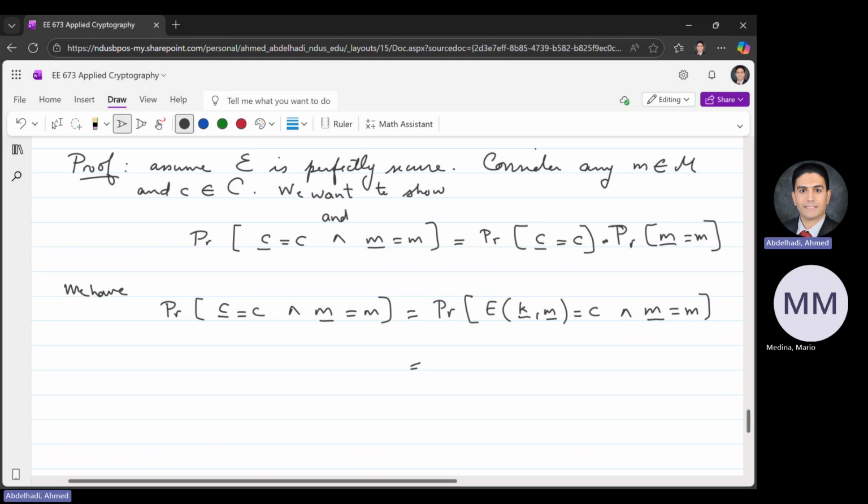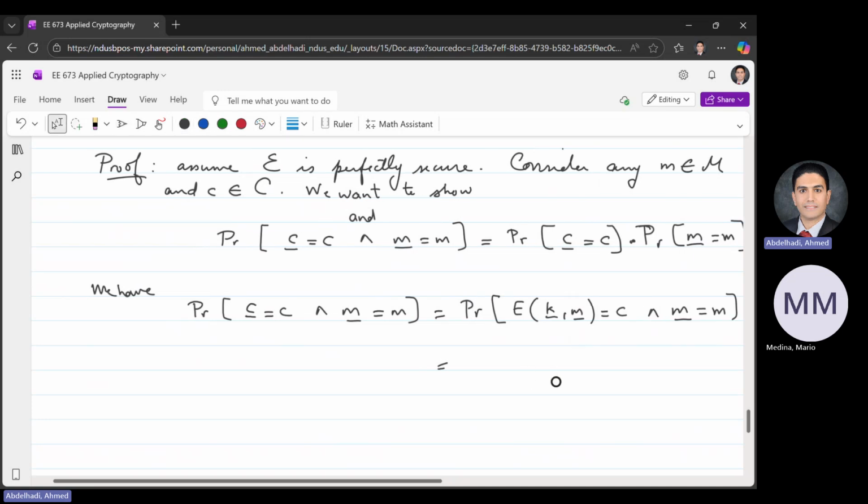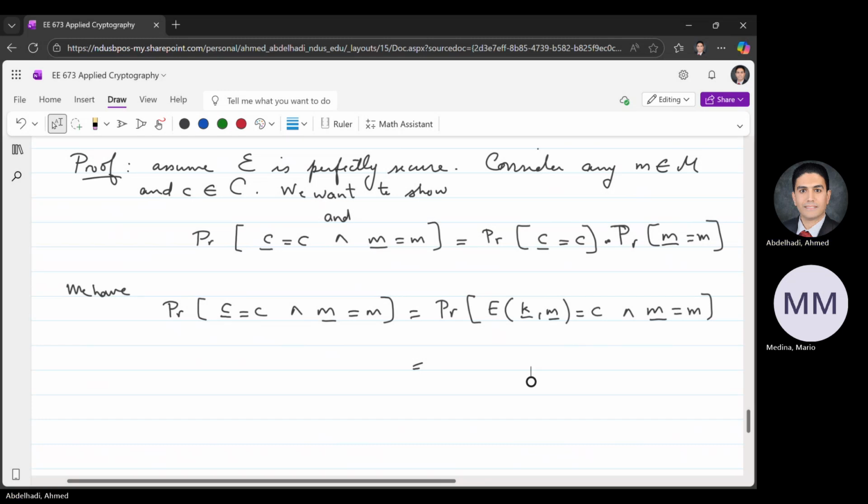In the first event, I have two events here. These two are happening at the same time, which means the second one is also happening as the first one is happening. The second one is telling me that the random variable M has a realization of m, so if these two are happening at the same time, then the first term has to have the random variable equal to m. So this is equal to the probability of E of K and m equal to c, and M is equal to m.